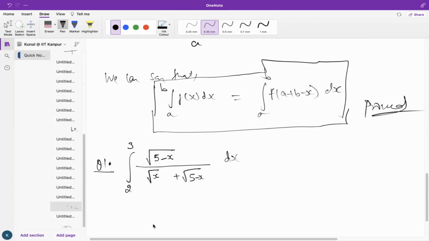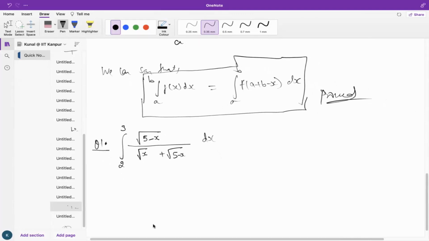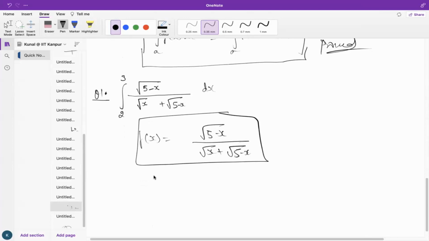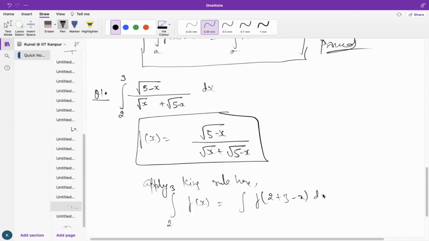So let's try to apply it here. Our f(x) looks like root under (5 minus x) divided by root under x plus root under (5 minus x), right? This is my f(x). So what I have to do when I apply King's rule here: it says integration from 2 to 3 of f(x) is equal to integration from 2 to 3 of f of (2 plus 3 minus x) dx.